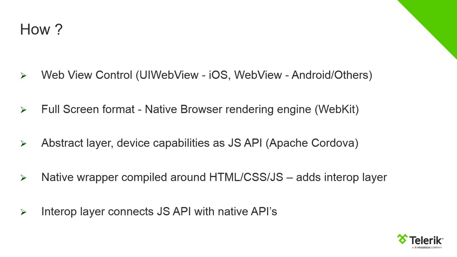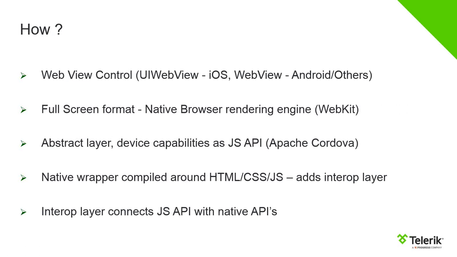The interop layer connects the JavaScript API with the native API. So you have your own JavaScript, let's say you write an app.js, the application JavaScript, and this app.js is going to talk to the Cordova interop JavaScript API, which is nothing but another JavaScript file, cordova.js. And the Cordova JavaScript file knows how to invoke all the native capabilities.